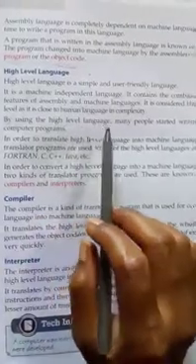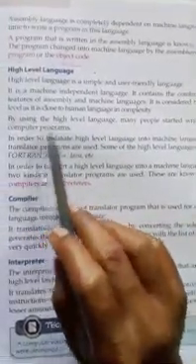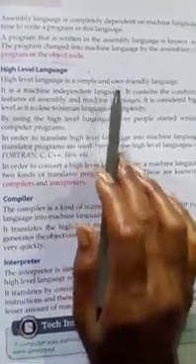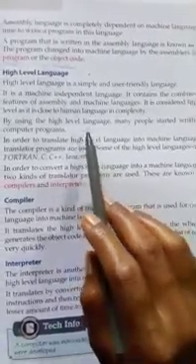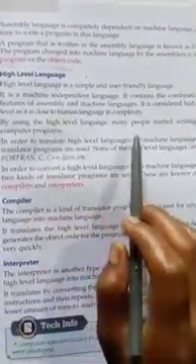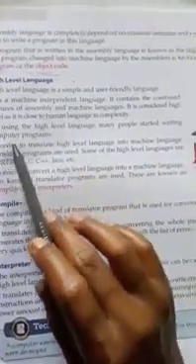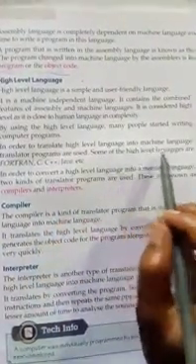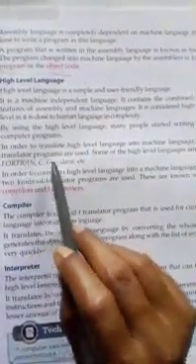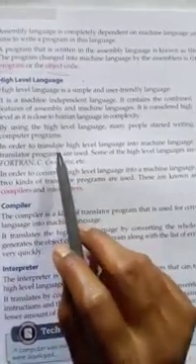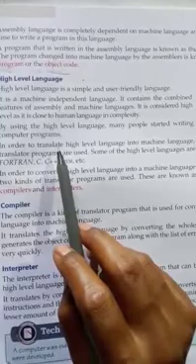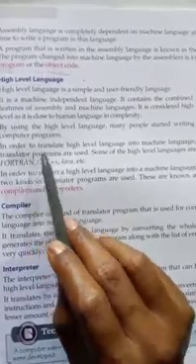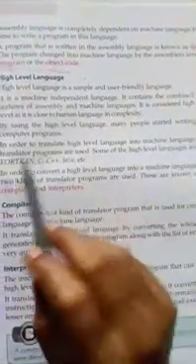By using the high level language, many people started writing different computer programs because this language is simple and user friendly. Because the computer can understand only machine language, translator programs are used to translate high level language into machine language.